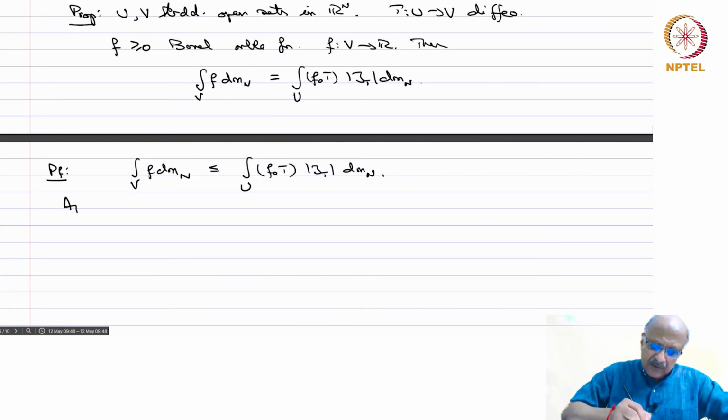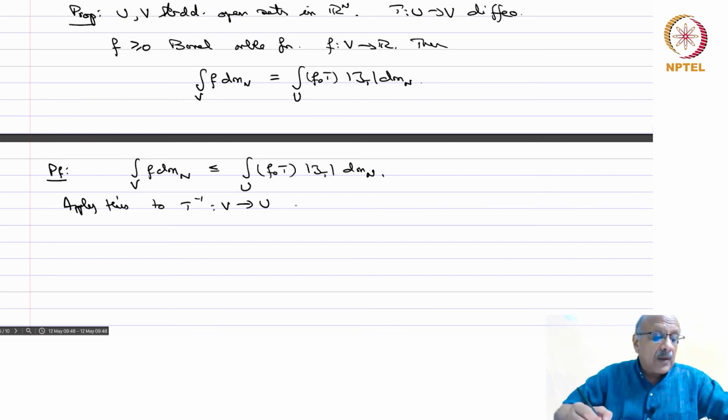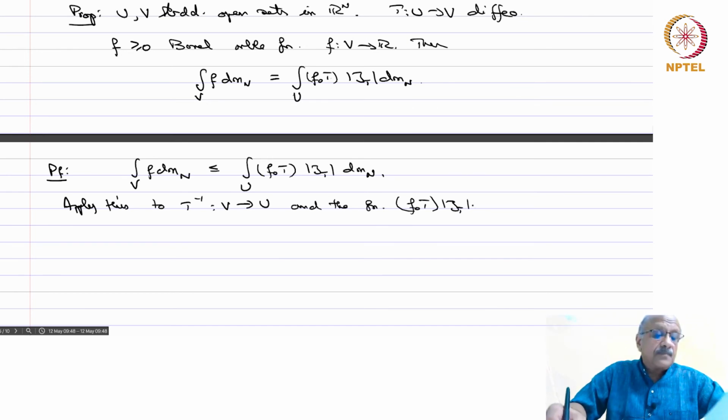Now apply this to T inverse from V to U, and the function F composed with T times mod Jt. So what do you get?